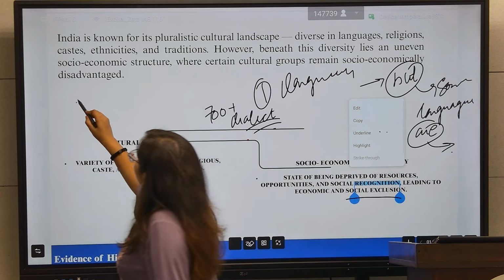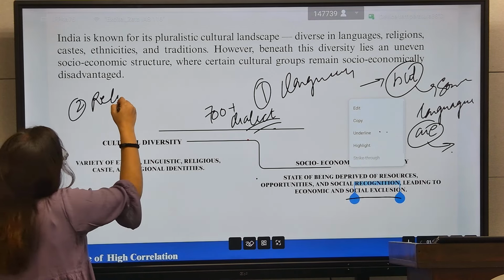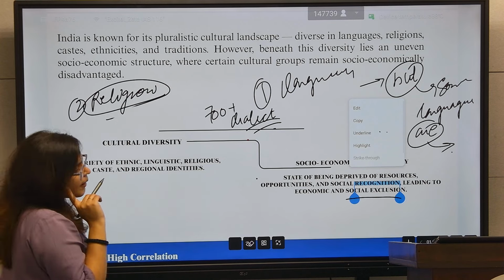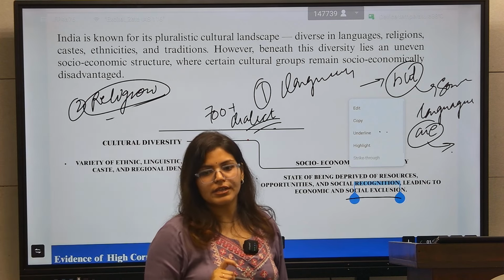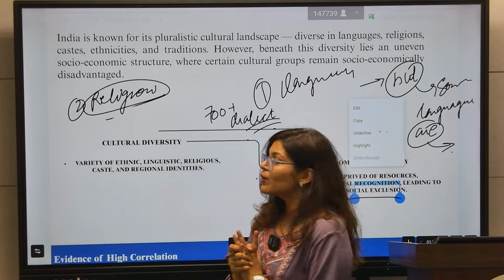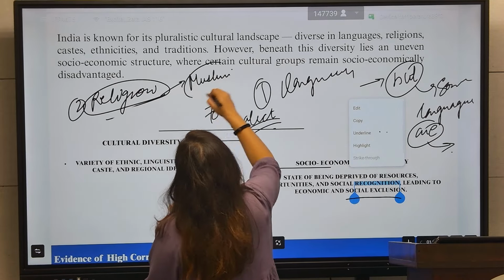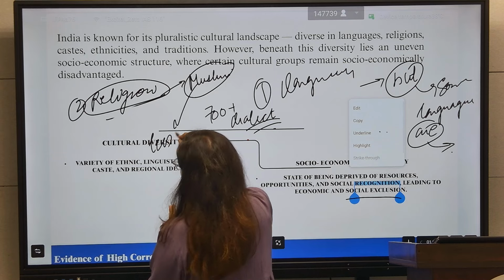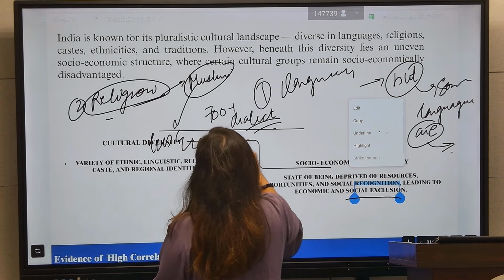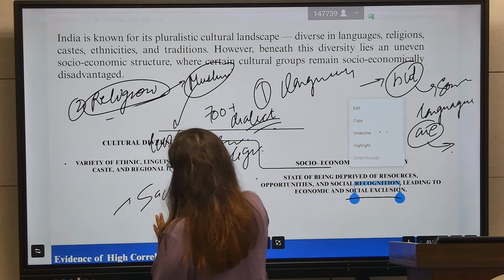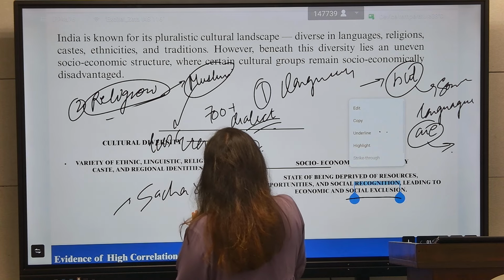Second, there is religion. There are many religions in our society, which is diversity. But see, Muslims are a less economically developed religious community. You can quote here the Sachar Commission report.